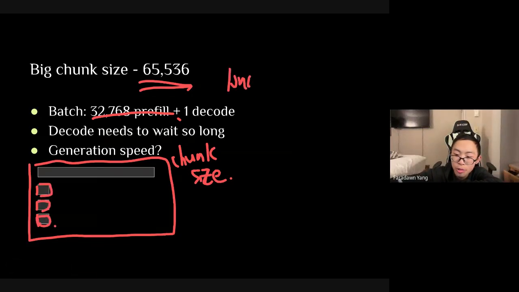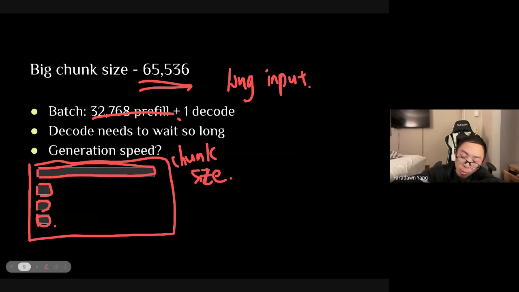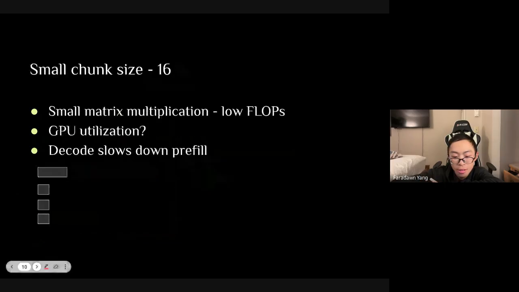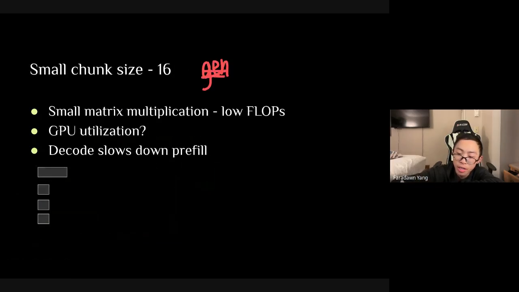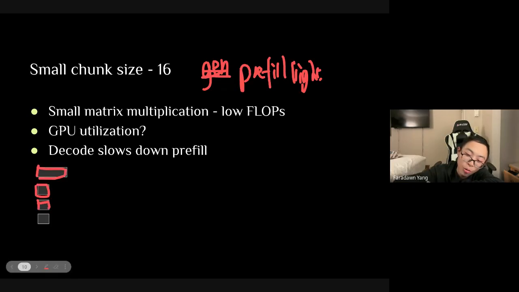So a long input means more separation, more difference between the two types of workloads. Whereas if you are not prefill heavy, it's prefill light, the input is not that long over the decode, then you can batch them together easily.